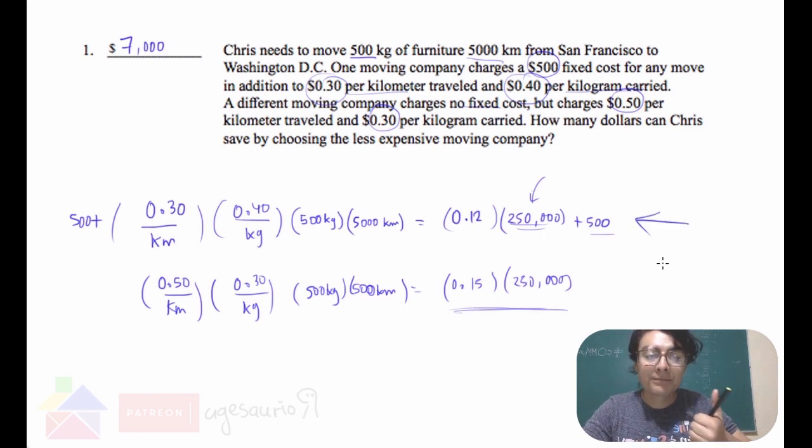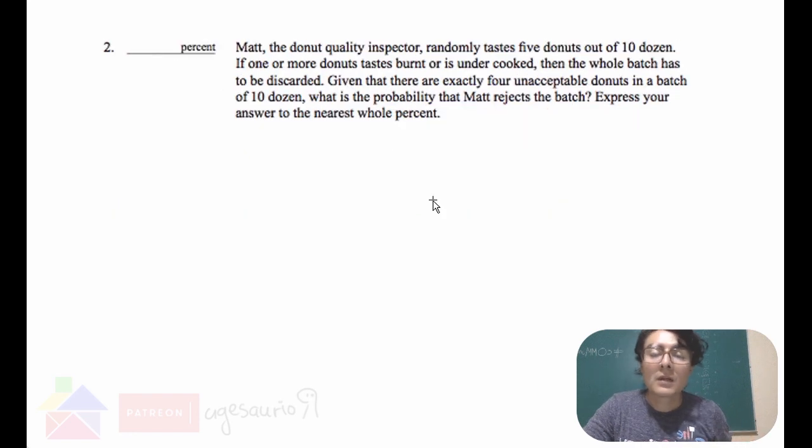Okay, so it's time for problem number two. Here we go. Problem number two is about Matt, who has probably one of the best jobs out there. He's the donut quality inspector. He's gonna taste 5 donuts out of 10 dozen.